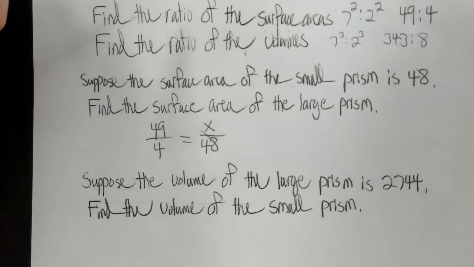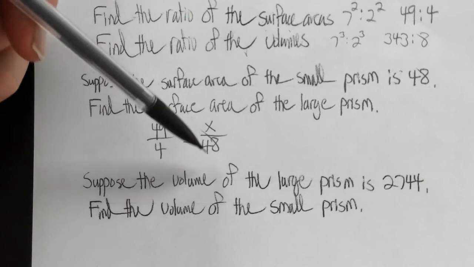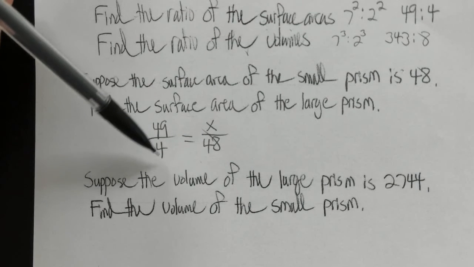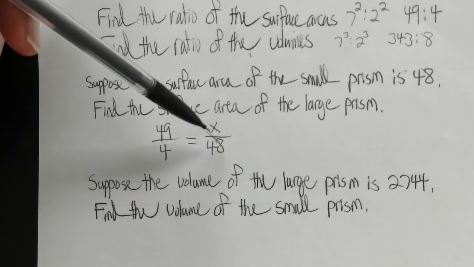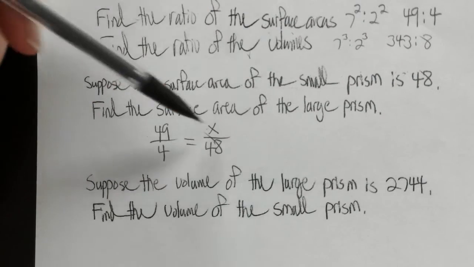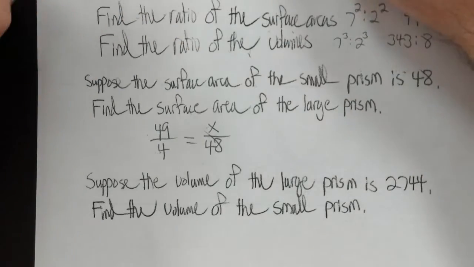The surface area of the small prism is 48. That means 48 has to go on the bottom because the small number in the ratio is on the bottom. If this had said large prism was 48, I'd put it up here with the large number and make the bottom x. But since it says the small prism is 48, that goes with the small number on the bottom. Now we just need to cross multiply and solve the proportion.